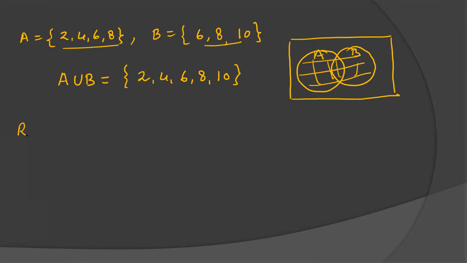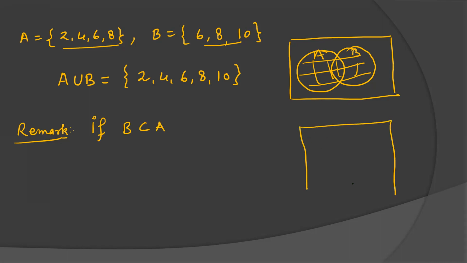One remark: later on, when we see the intersection, we will study more on union and intersection. Suppose B is a subset of A. What will happen here? This is your universal set.